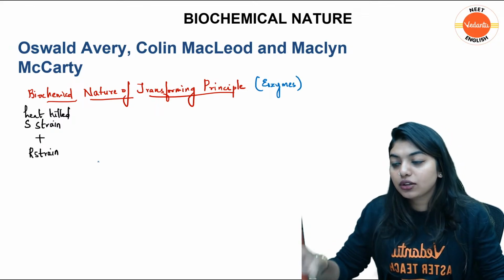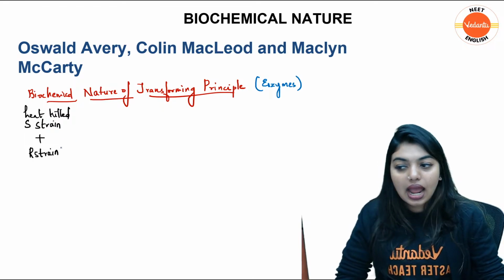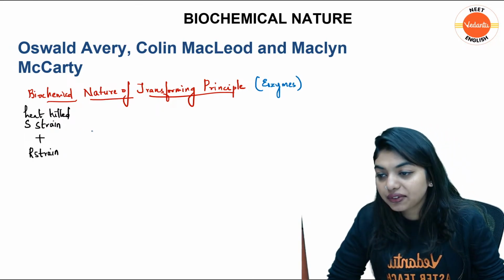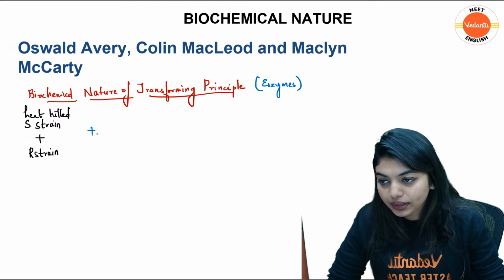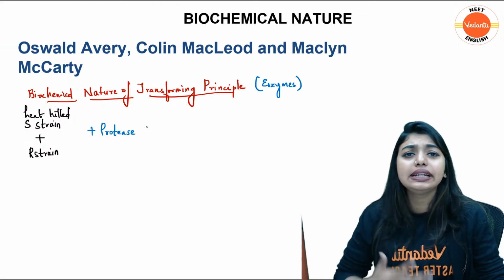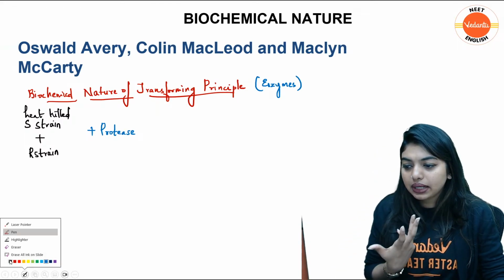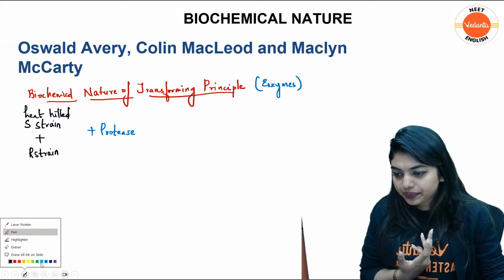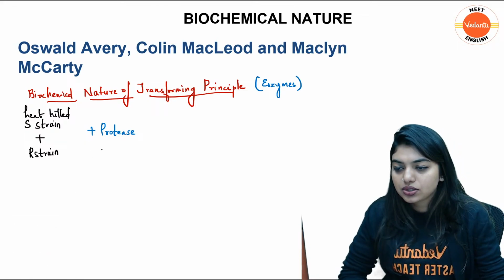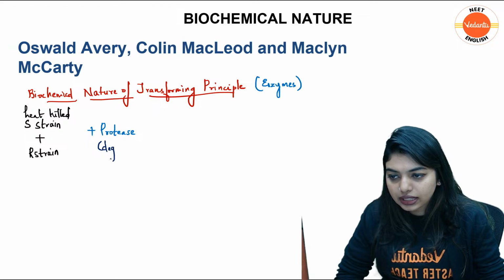First, they took the heat killed S strain and R strain combination and reacted it with protease. Protease is an enzyme that can degrade protein. Simple as that. Let's also write it here. So this was expected to degrade protein.